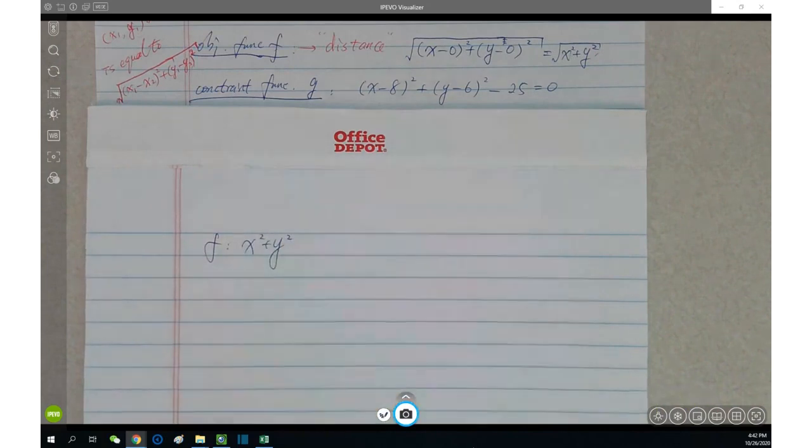How about that? We just assume our objective function as x squared plus y squared. Remove that square root. And why can we do so? Anyone knows?